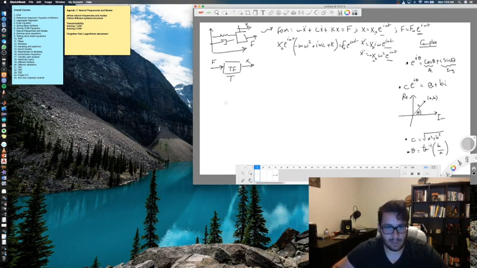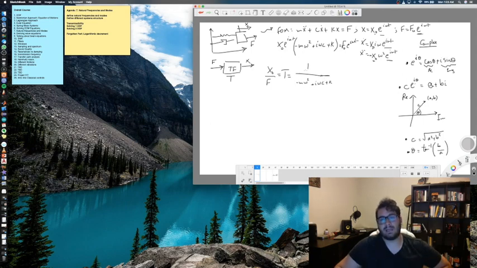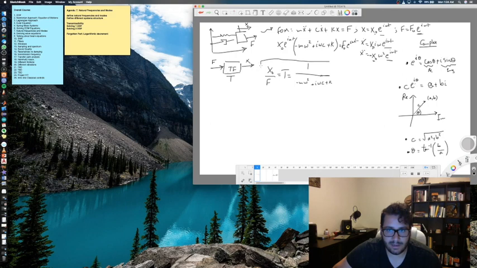We'll call it T. My transfer function is x naught over f, which equals T, which is basically 1 over negative m omega squared plus i omega c plus k. So that's my transfer function right there.